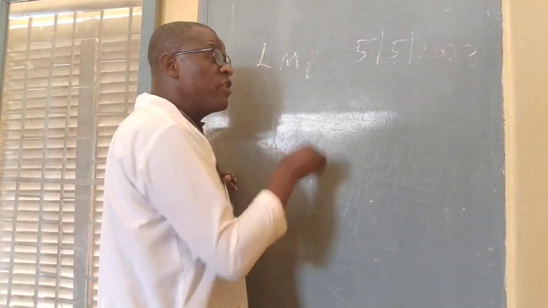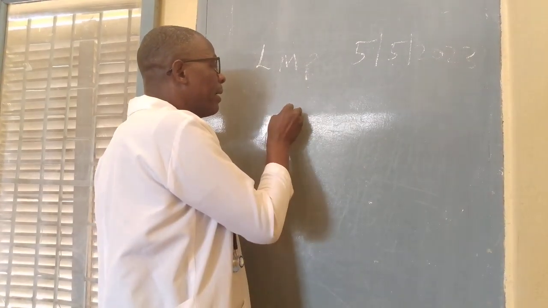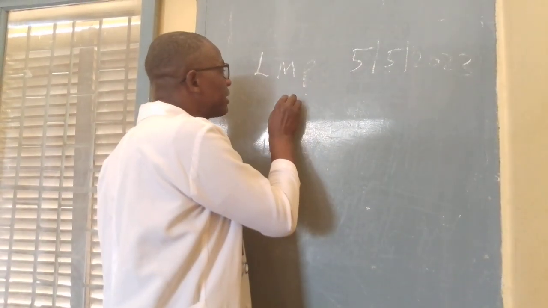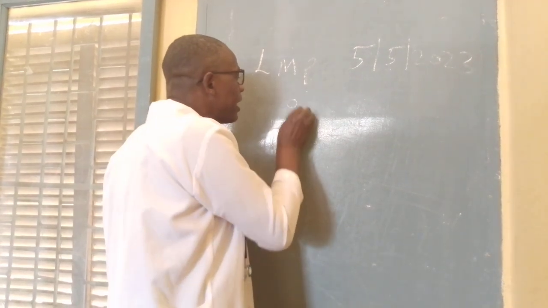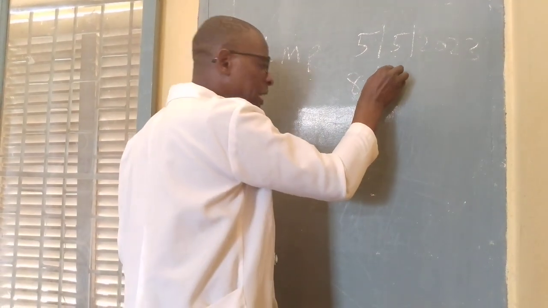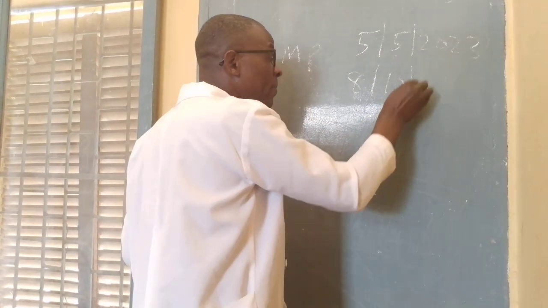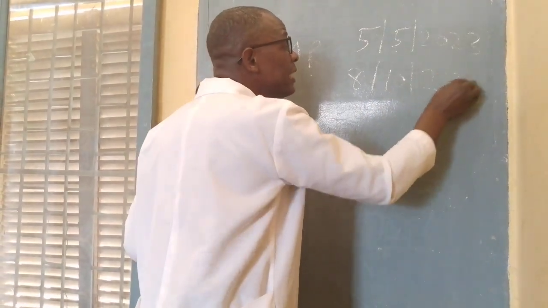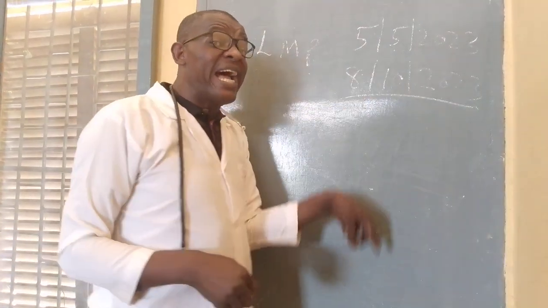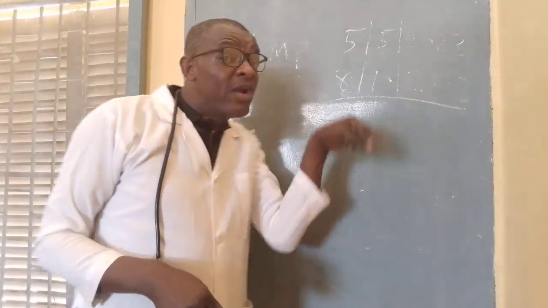And the woman visited the clinic. The woman visited your clinic on the 8th of October, the same 2023. What was the woman's gestational age on that day that she was in front of you?